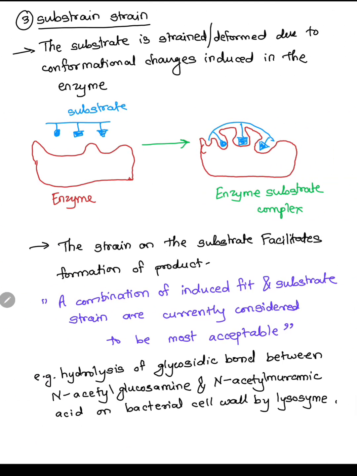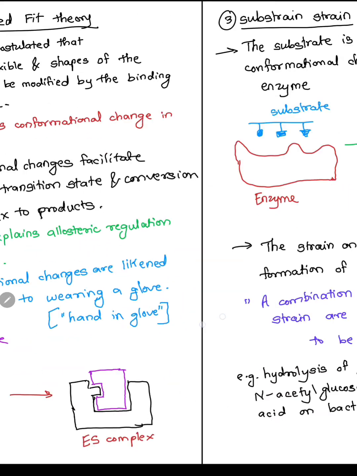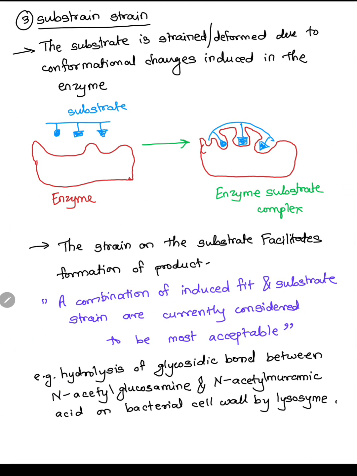Substrate strain is when a substrate binds to the enzyme. The substrate is strained due to conformational changes induced in the enzyme, right? This induced fit, there are conformational changes induced in the enzyme. The substrate gets strained as a result of that.